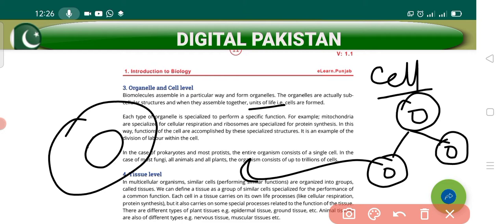The elements are not, the molecules are not, because they cannot reproduce, they cannot divide. If you put sugar somewhere, after some days, do you think the sugar will increase in quantity? No, never, because there is no life in the molecule. The life is basically a cell, and that's why it is called the basic unit of life.